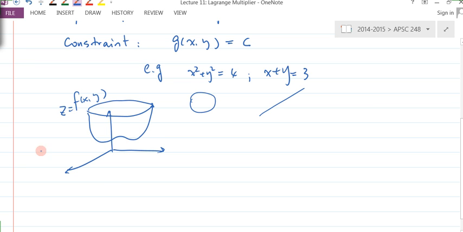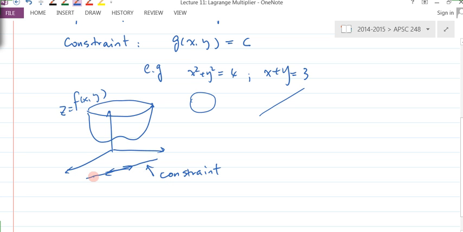In this particular case, your x and y is constrained, let's say, to this straight line here. So this is your constraint. x and y will not go anywhere but change along this straight line.